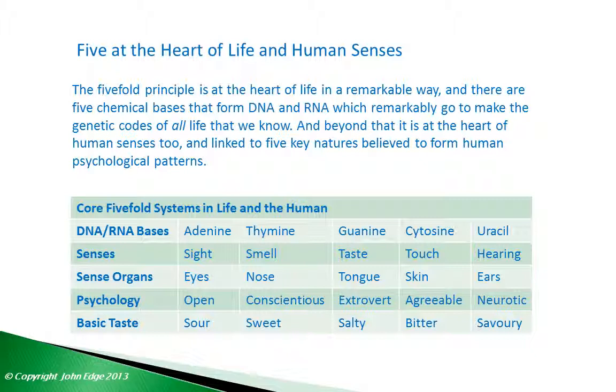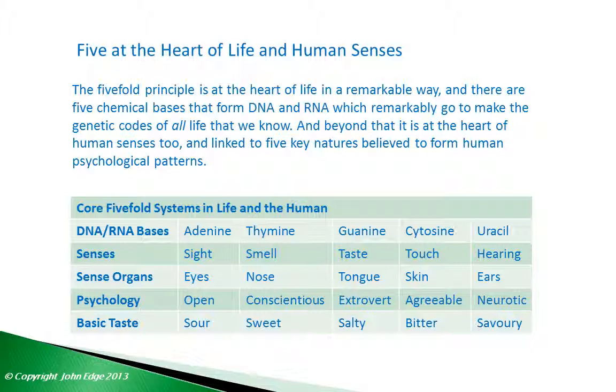And psychologists tell us that it's quite commonly understood that the different human psyches have five different natures, and they describe them as open, conscientious, extrovert, agreeable, or neurotic. So that's something that we've discovered. And again, going back to our senses, well, there are five basic tastes that we now know. Sour, sweet, salty, bitter, and savoury.